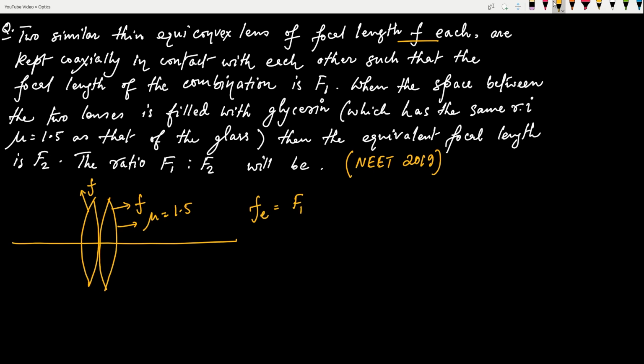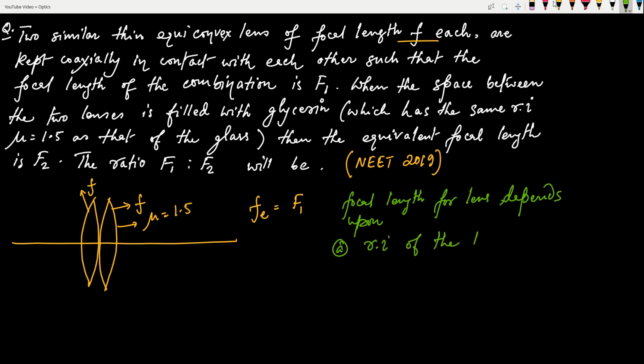The first important concept that you need to understand is that the focal length of a lens depends upon two things. Let me write that. It depends upon number one, the refractive index of the lens, and number two, the radius of curvature.